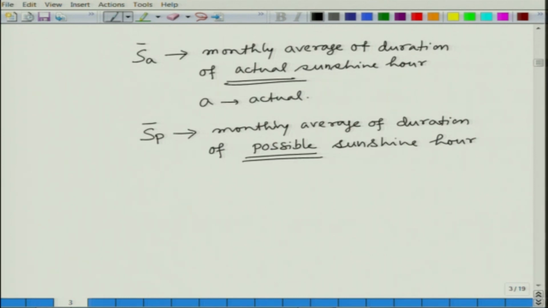But actual is what you are actually getting. For a particular latitude and longitude, you can exactly determine for a clear sky all through what would be the possible sunshine hour. But in reality you will not get that because of many factors, like what is around that particular location.